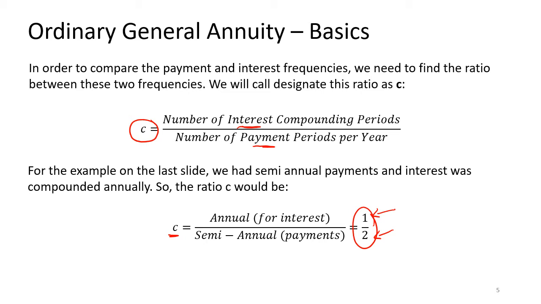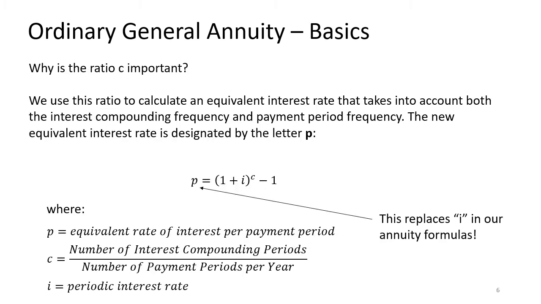So that number becomes important, because there's an equation that was developed to find an equivalent interest rate that you can use instead of the periodic interest rate I in each one of your formulas. So that ratio is used to find an equivalent interest rate.